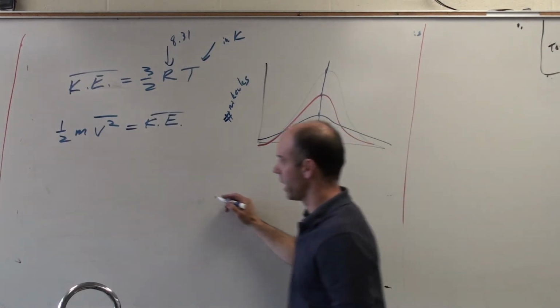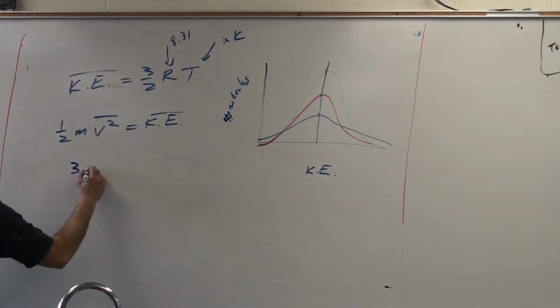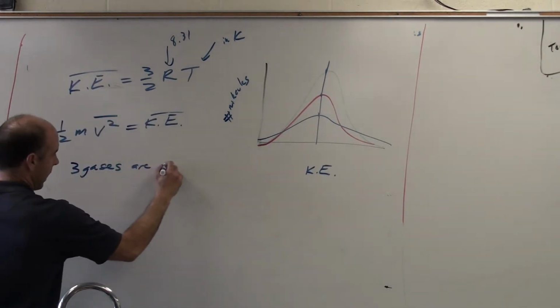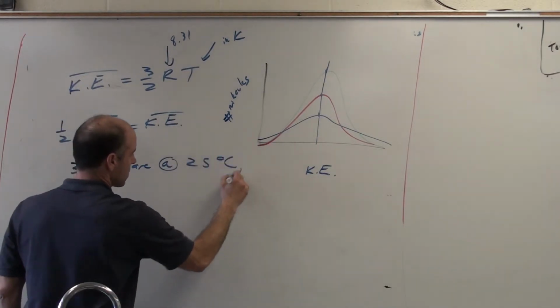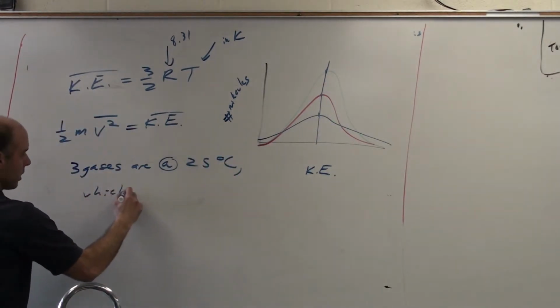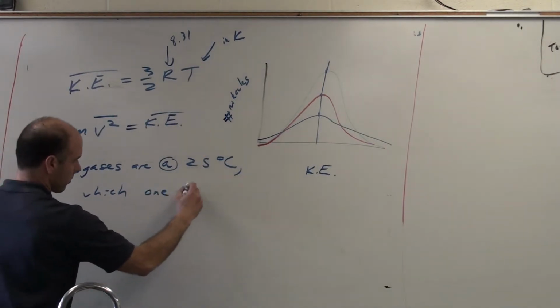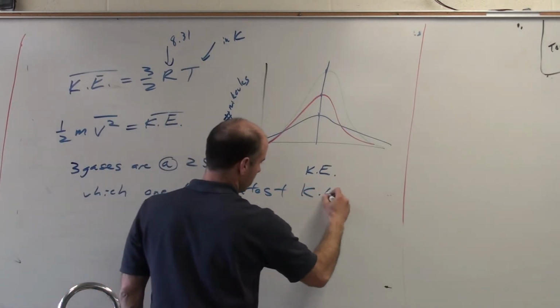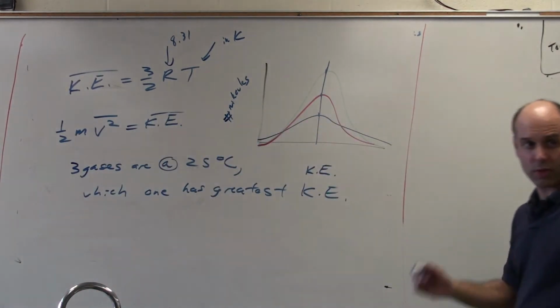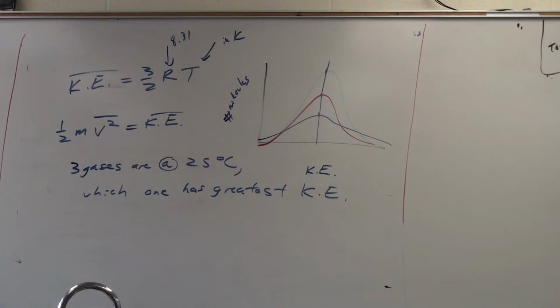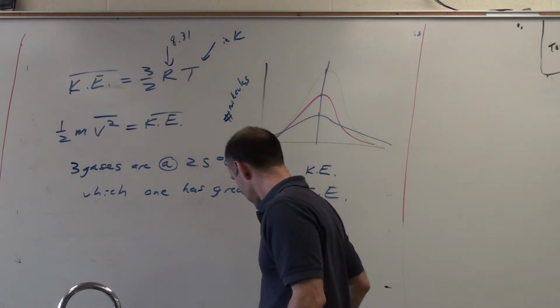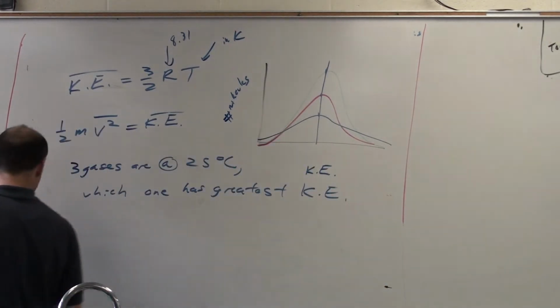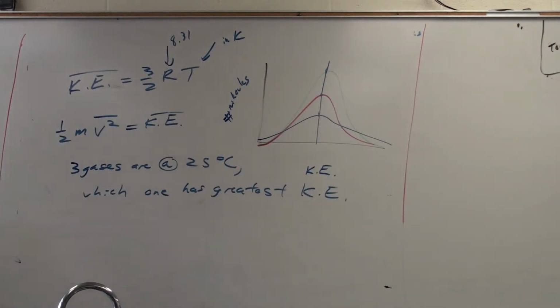So if they say something like, 3 gases are at 25 degrees Celsius, which one has the greatest kinetic energy? If you're at the same temperature, you all have the same kinetic energy, okay? So, once again, if you're all at the same temperature, you have the same average kinetic energy.